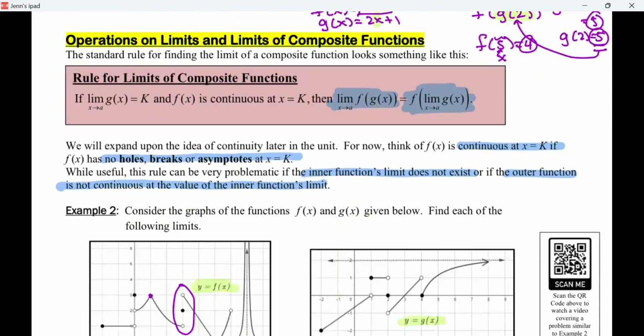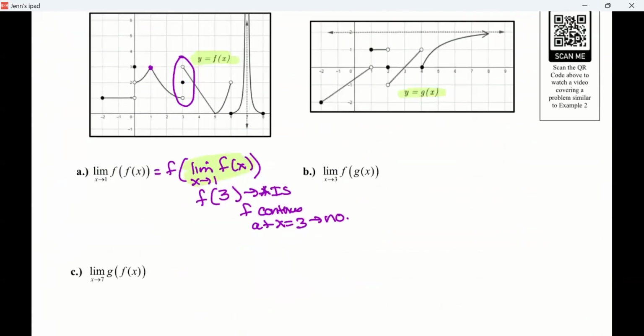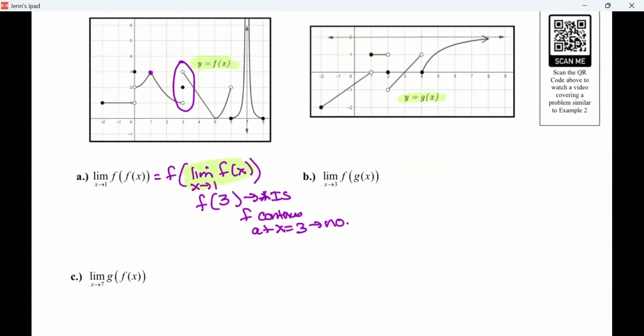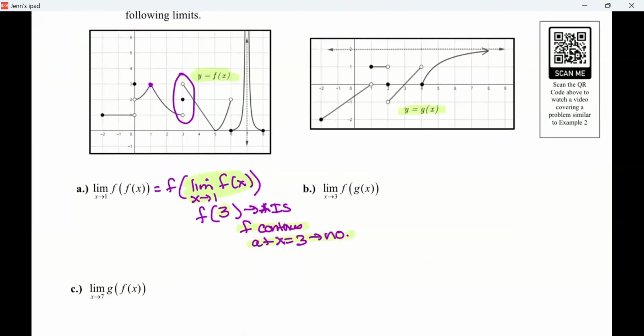So now let's go back to this particular problem. If we discover that the function F is not continuous at 3, you have to look at the way we discovered the limit back in this first step. If you look at the way we found the limit as x approaches 1 of f of x, notice the limit as x approaches 1 from the left and from the right.